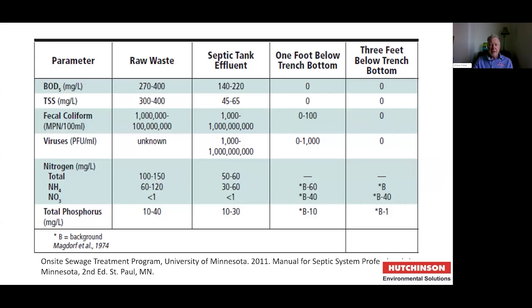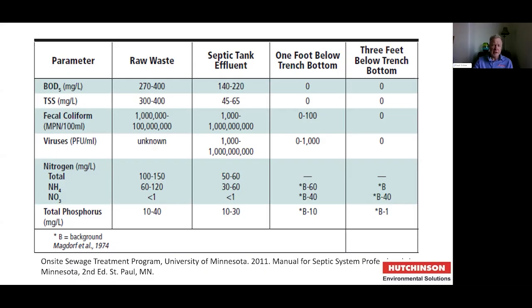Some figures there, which I won't go into great detail over, but it tells you roughly what the cleaning performance is, or the transformation performance of complex chemical compounds in sewage into much simpler chemical compounds, and even sometimes straight elements.